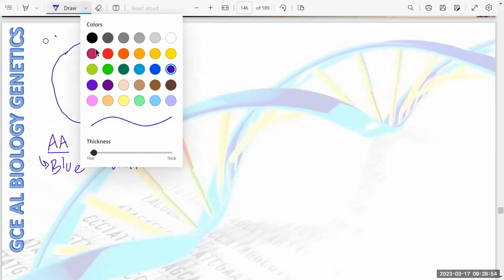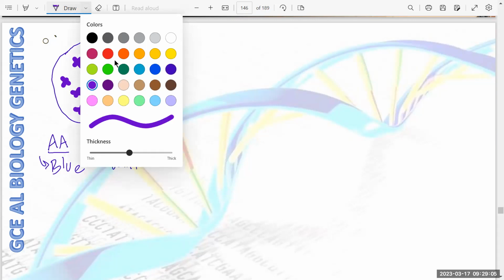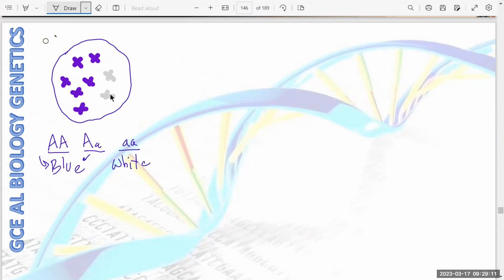If I want to show this in a diagram, okay, this is the purple and this is the white flower. Right.